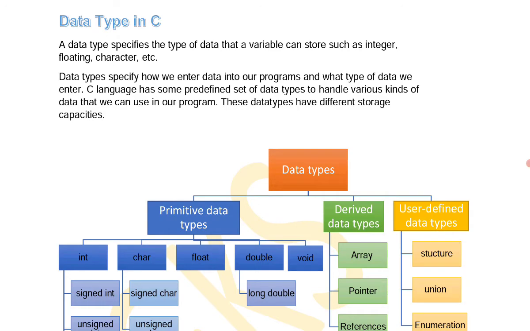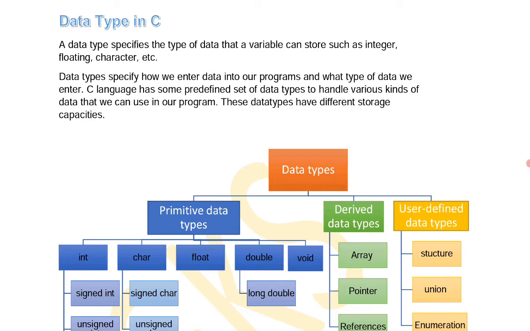Data types are generally used to store different types of data or information in the C language, by using variables in the internal memory or internal storage.